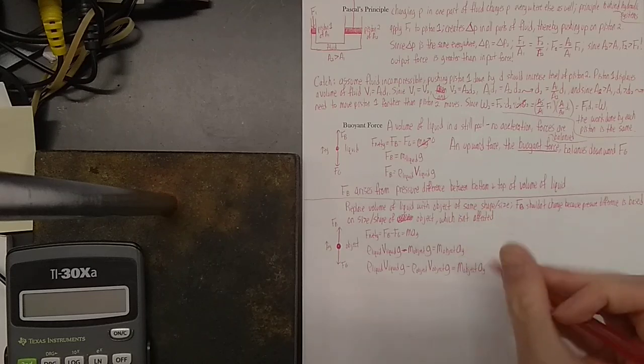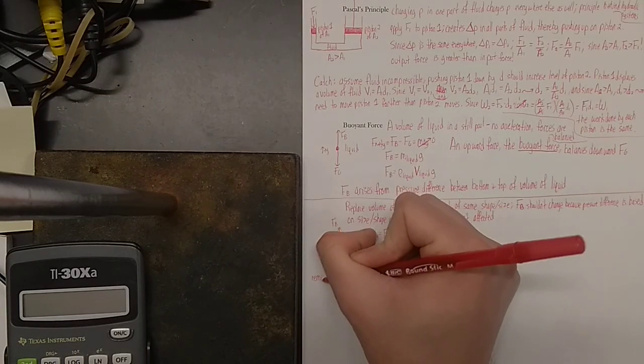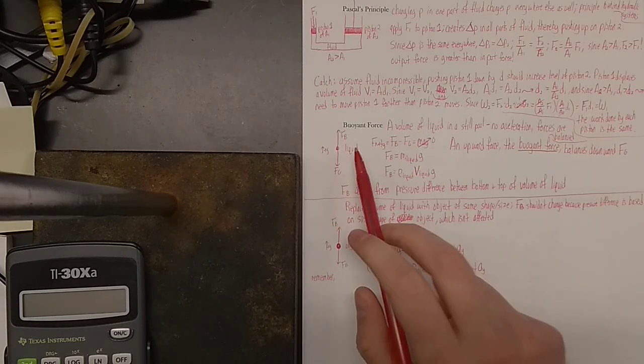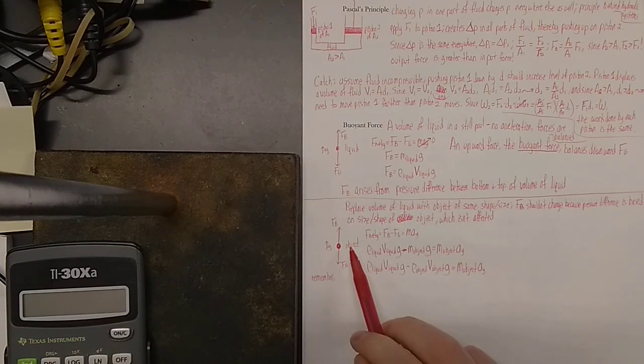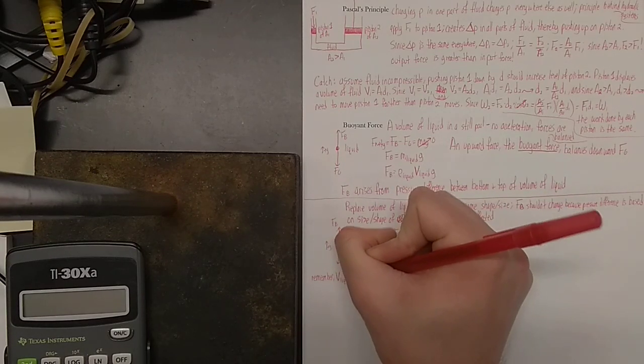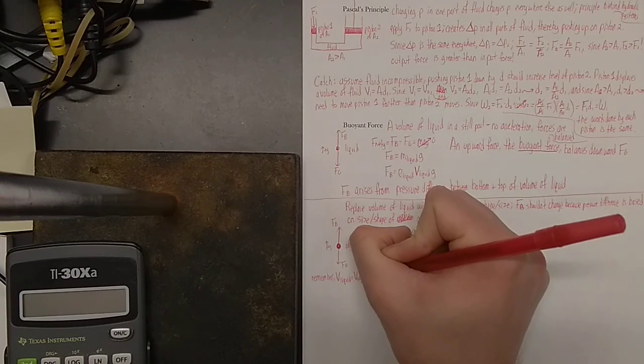And finally, we're just going to remember that when we changed this out from a volume of liquid to an object, we didn't change the volume. So actually, this V liquid term must be equal to V object.